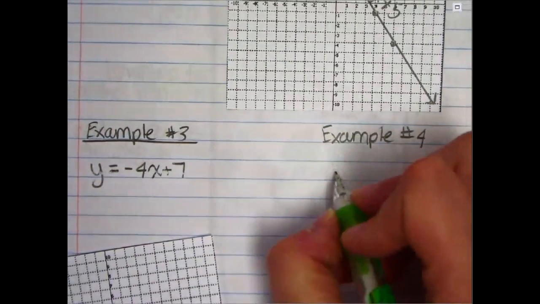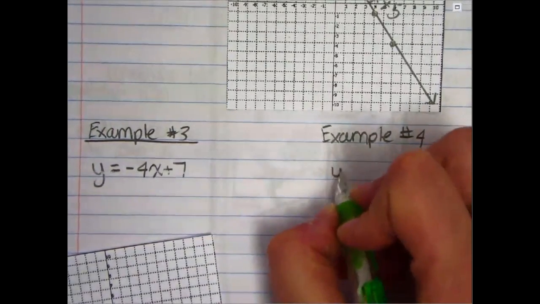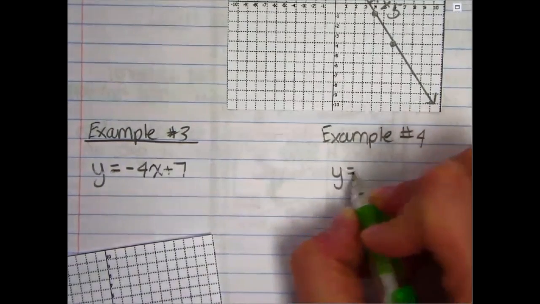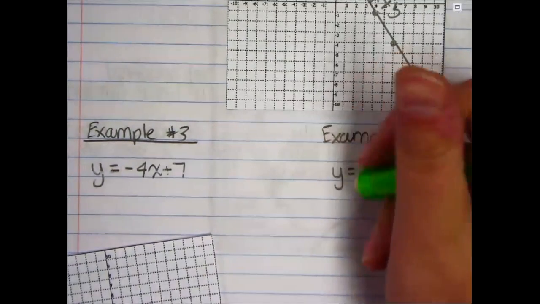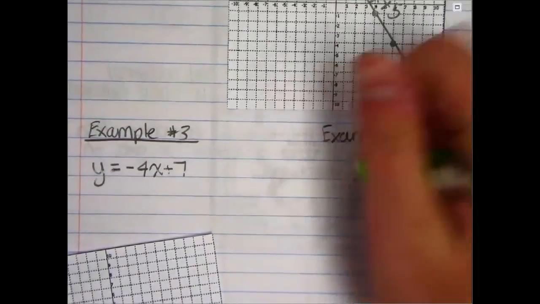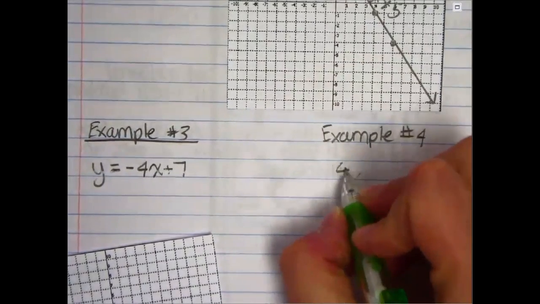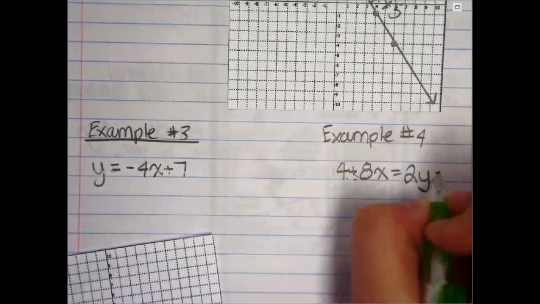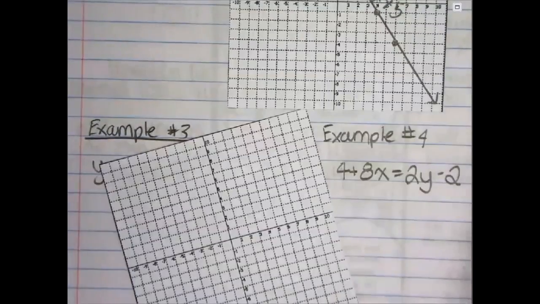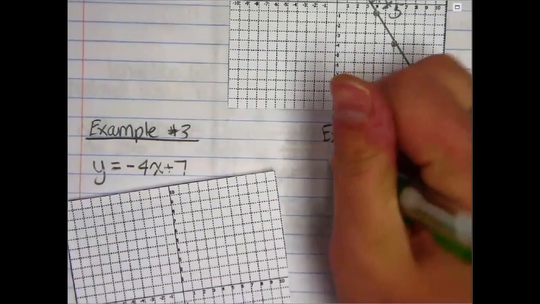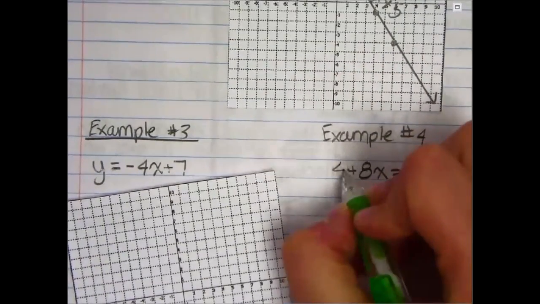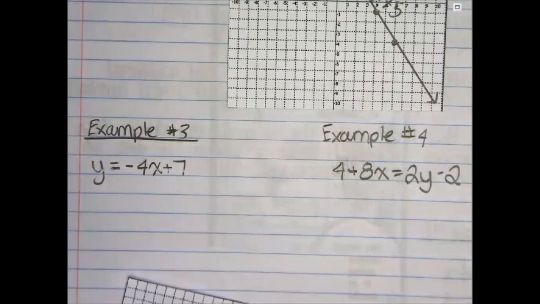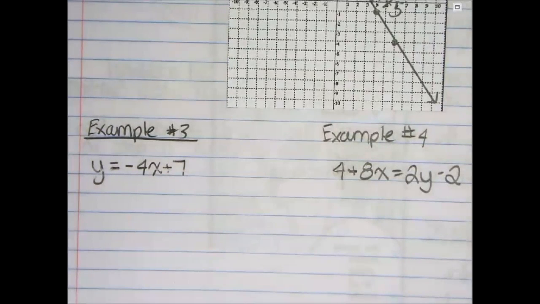And the other one, they want to make you do a little bit of legwork on it. So this is 4 plus 8x equals 2y minus 2.